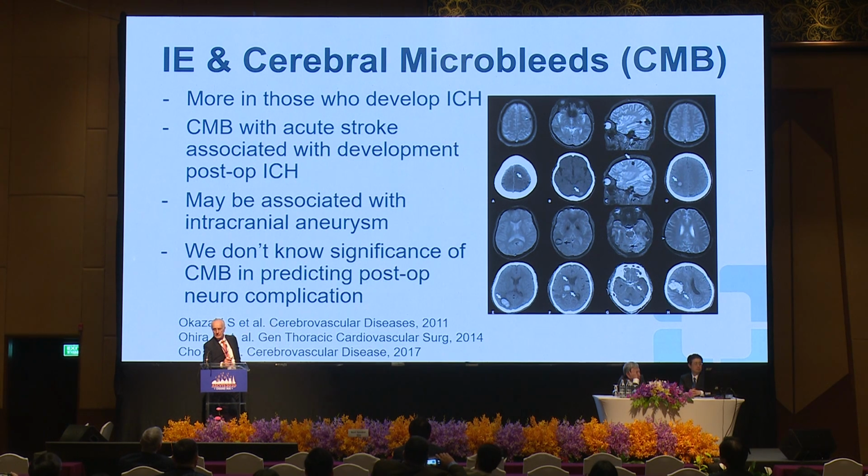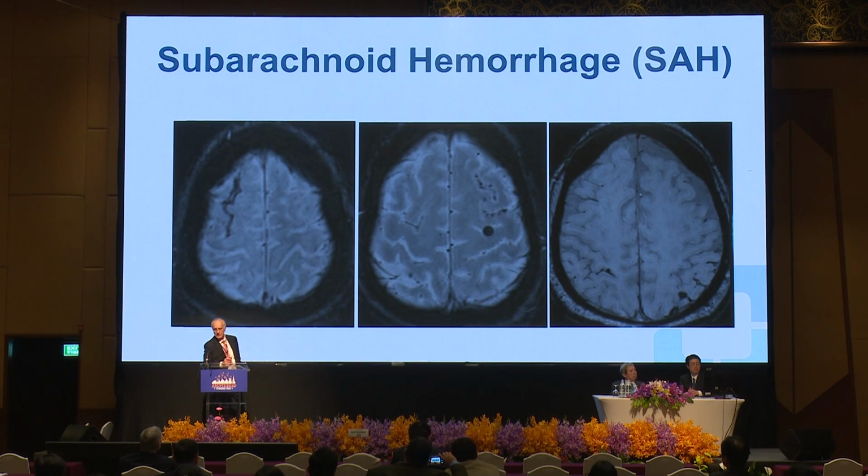Now we go to the microbleeds, which are tiny spots of bleeding. These are associated with increased risk of intracranial hemorrhage, and if they occur with acute stroke, again associated with postoperative bleeding. And it may be associated with intracranial aneurysms. But we still really don't know the significance of these microbleeds.